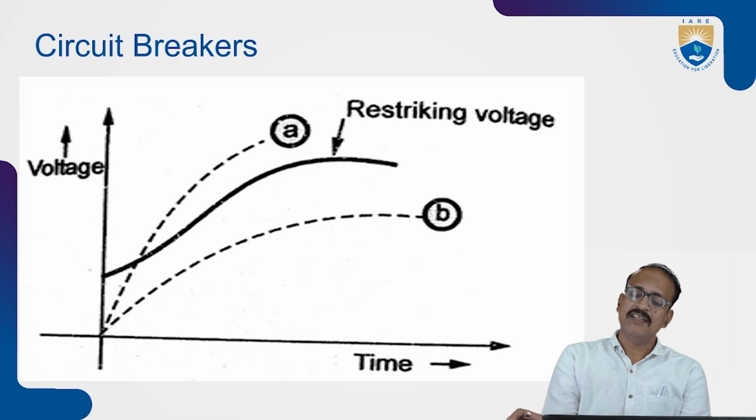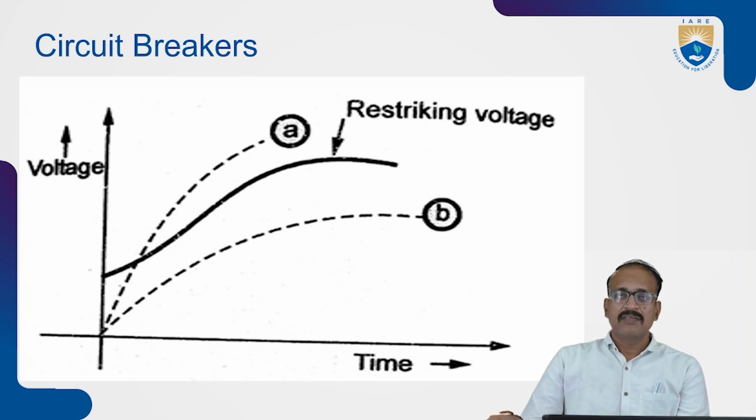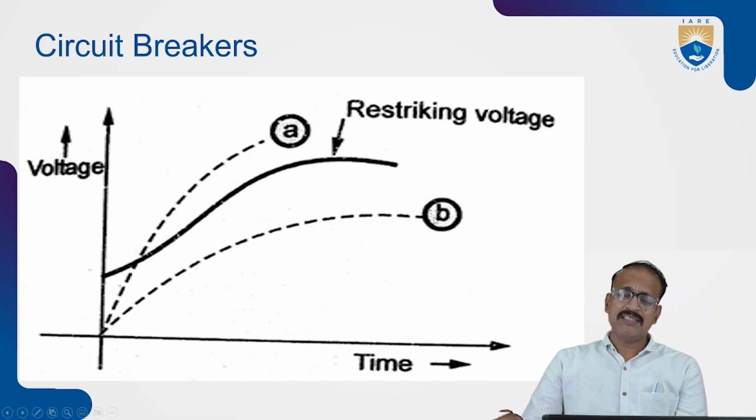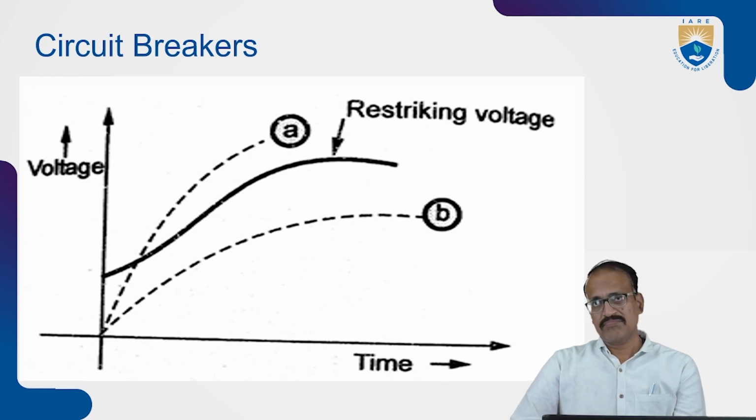So that means it has won in the race against the restriking voltage. So the arc will not occur. This is the case B, where the restriking voltage is faster and the dielectric strength is slow. That means the arc has struck again.